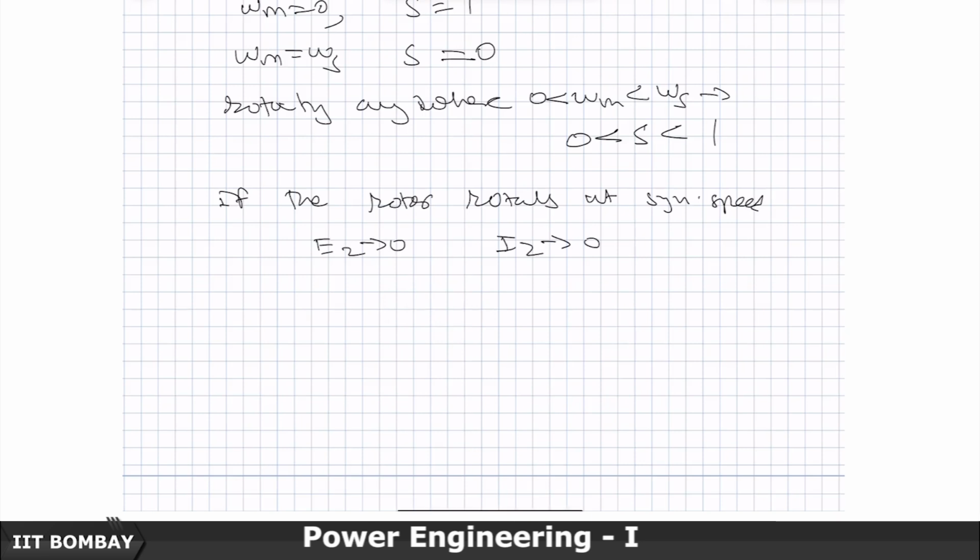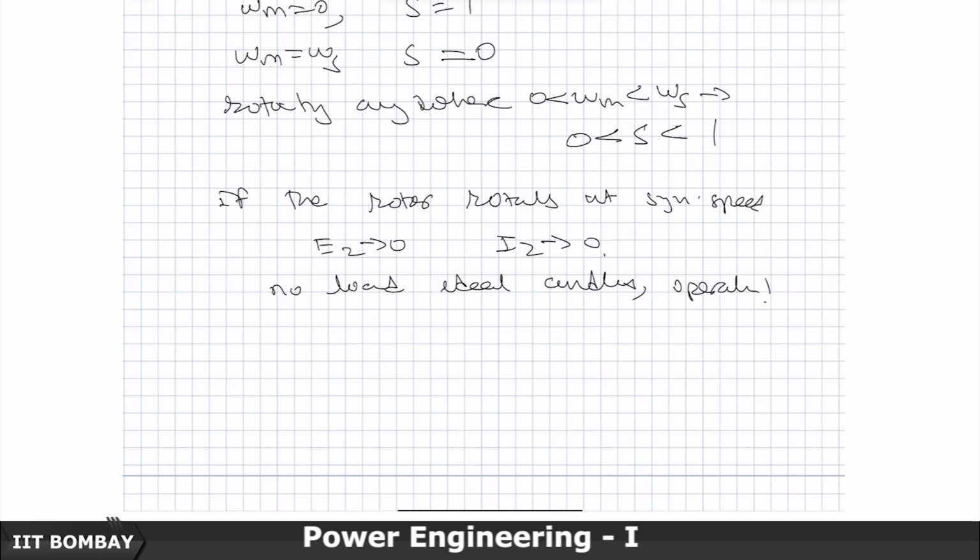So I2 will also go to 0, and this is the no load ideal conditions operation. Ideal conditions means resistance, friction, windage, and losses associated with the rotor, all these mechanical losses, are neglected.